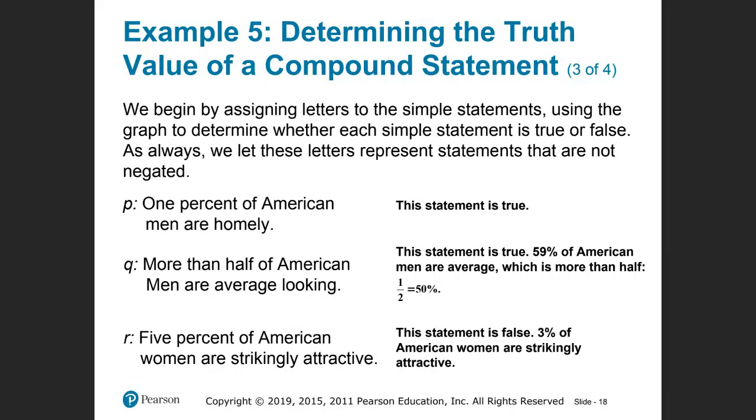This is true. For Q, more than half of American men are average looking. This is true. 59% of American men are average, which is more than half. For R, 5% of American women are strikingly attractive. This statement is false because, according to the graph, it's 3% rather than 5%. So P is true, Q is true, R is false.